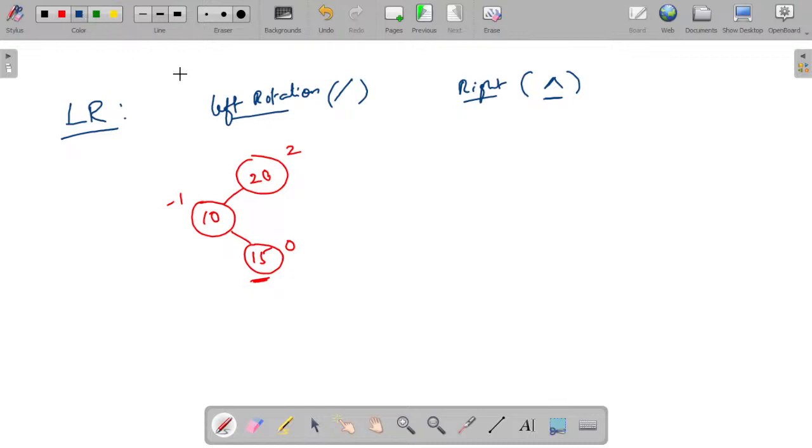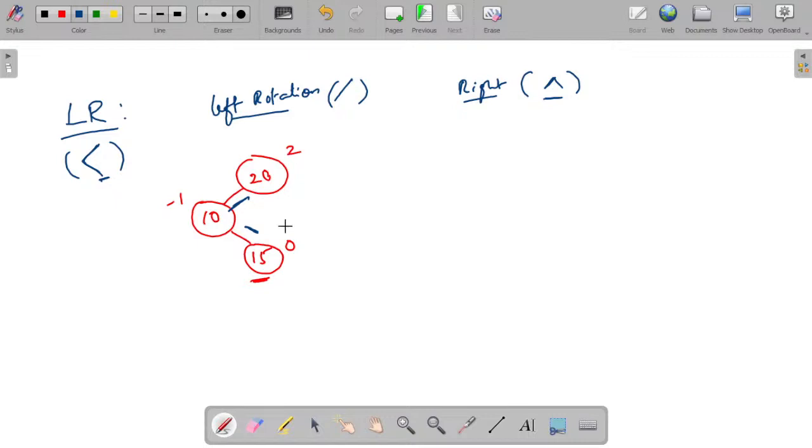Here the child node is inserted in this position, which is in the left subtree as right child. So when the imbalance happens because of the node inserted at this position, in this situation we are going to perform something called left right rotation, right?